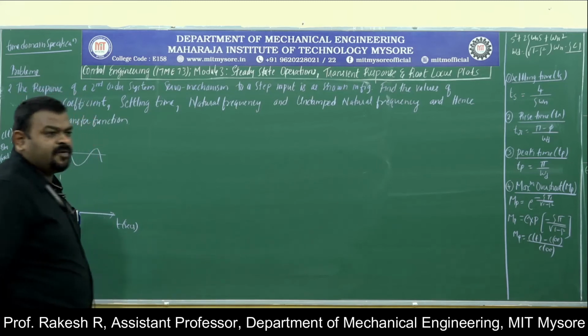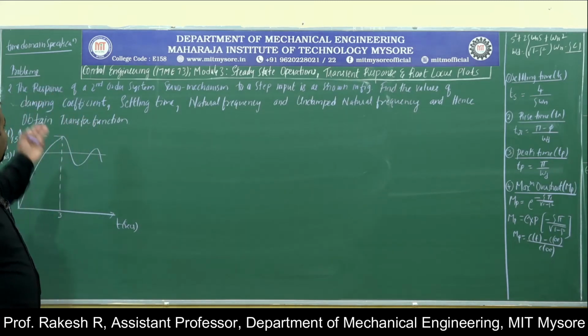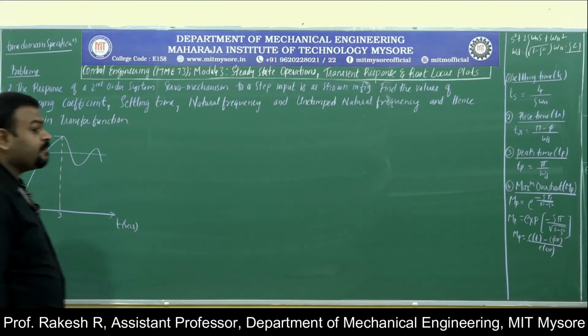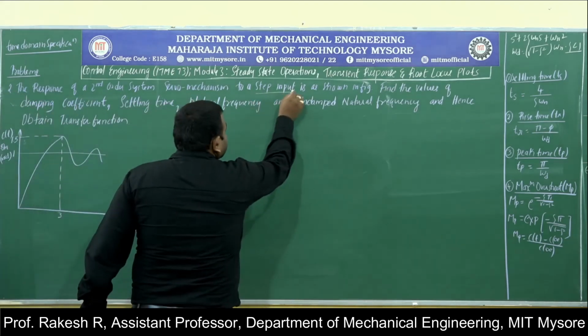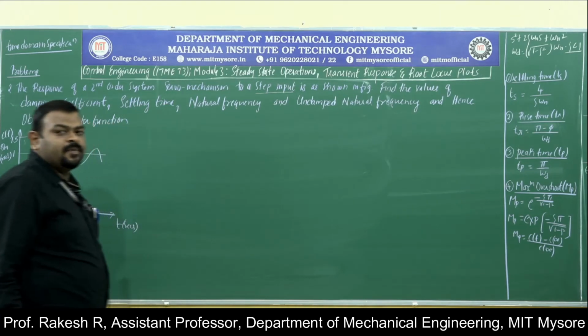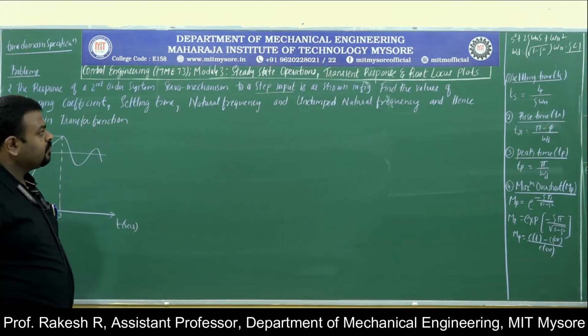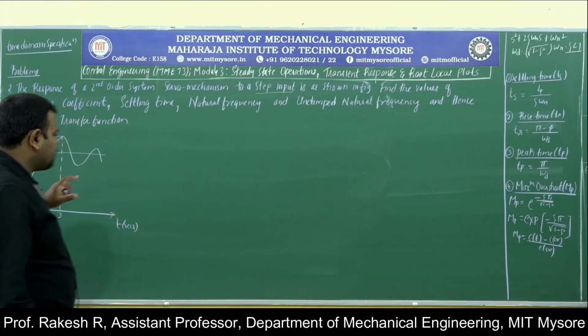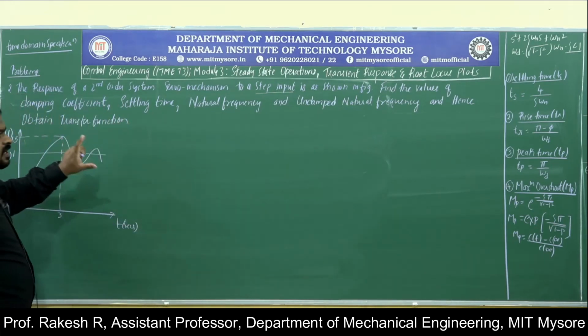So this is the next type of problem. Here they have given the response of the second order servo mechanism to a step input. This is very important: step input. In the step input, R of t is equal to A, as shown in the figure. So they have given the response of the system directly.